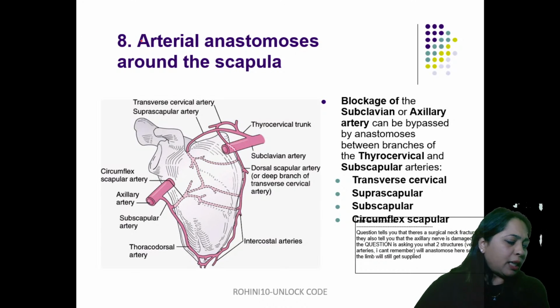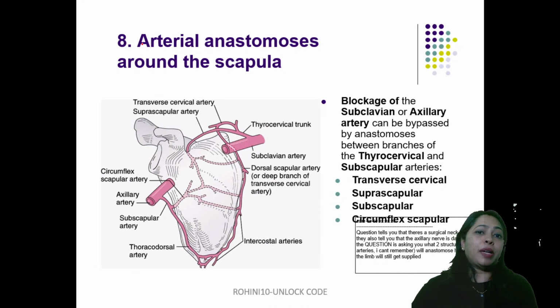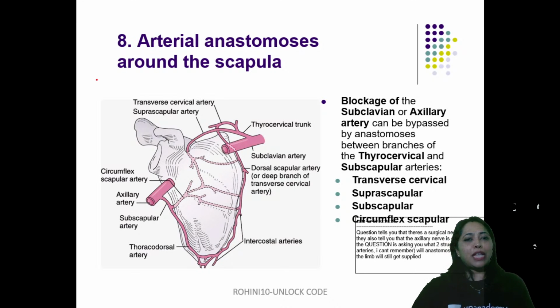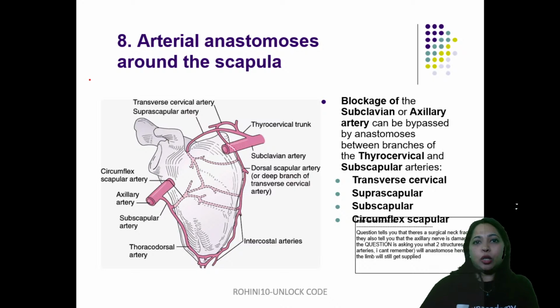Next one, the anastomosis around the scapula. We have anastomosis around the scapula. We have anastomosis around the elbow. And we also have anastomosis in the lower limb, the trochanteric anastomosis, that is called. So here there is always an important vessel that connects. So what are the two things that connect to form the anastomosis? One is the subclavian or axillary. So this is the one.